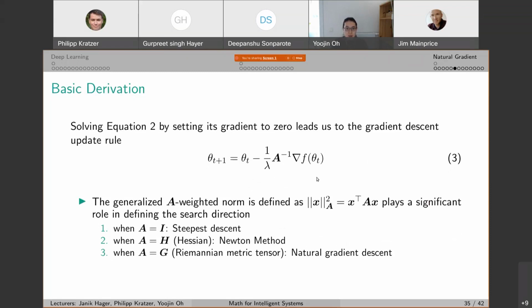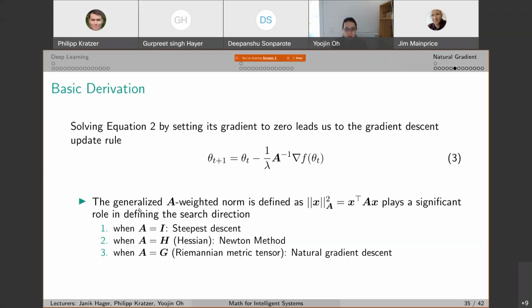So this would be the gradient descent update rule, where we have the parameters, and the next parameters would be from the current parameters taking a step in the direction of the gradient with some weighted norm. And so this is the gradient descent update rule.